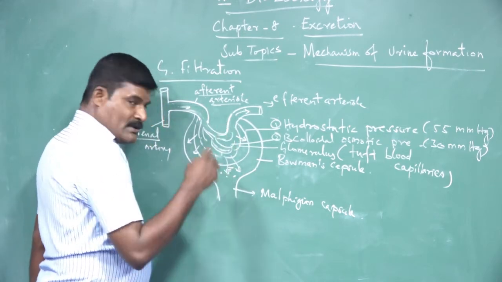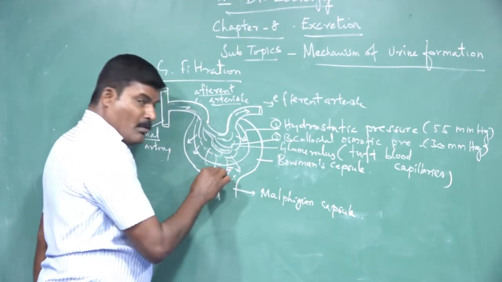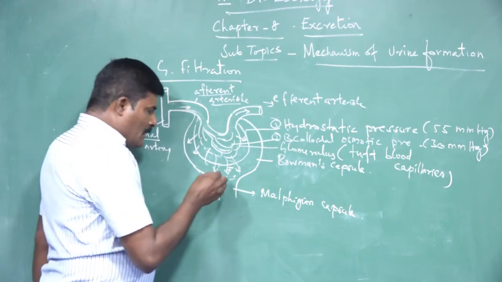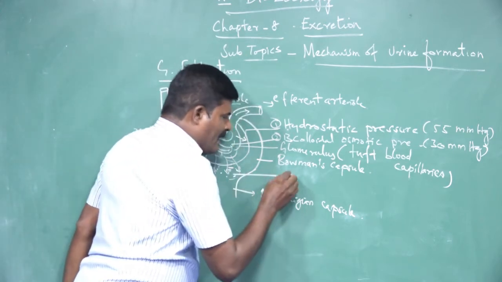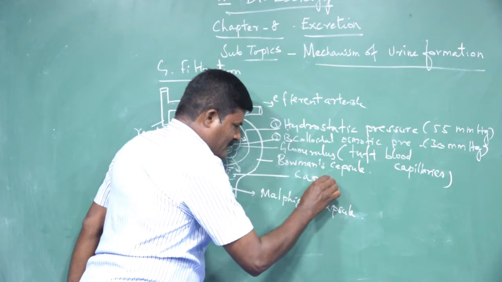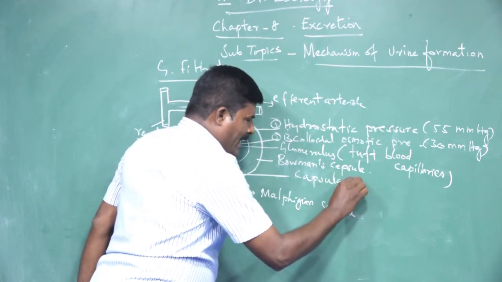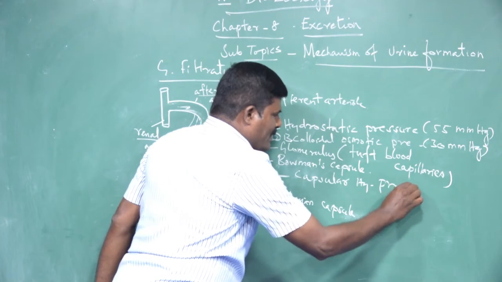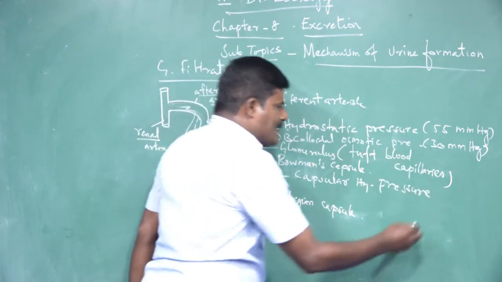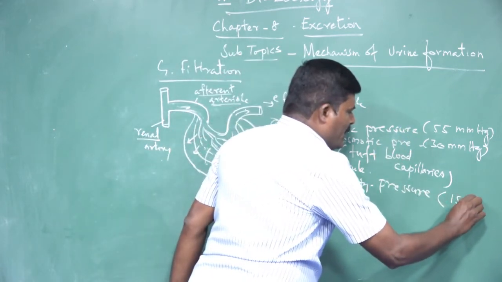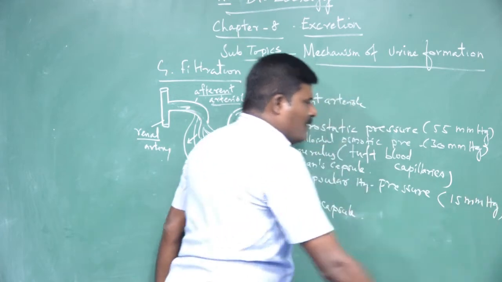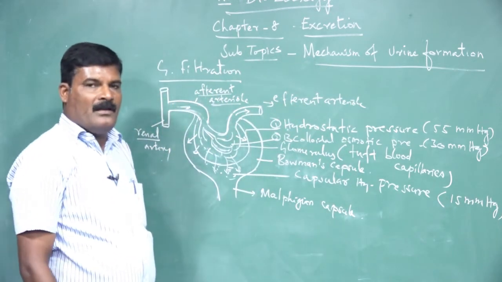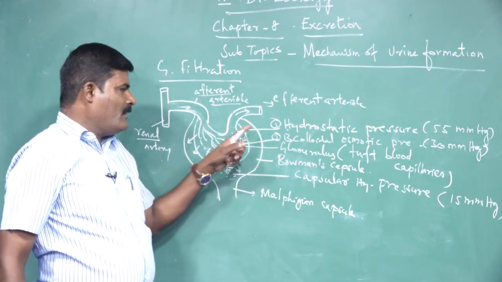What is another pressure formed here? In the Bowman's capsule, fluid is present. This pressure is the capsular hydrostatic pressure. It is about 15 millimeters of mercury. Listen carefully.